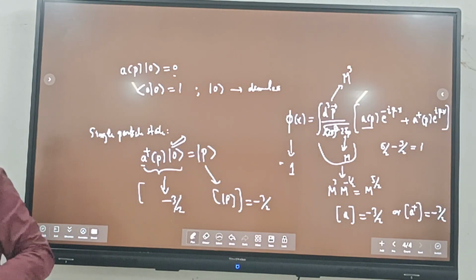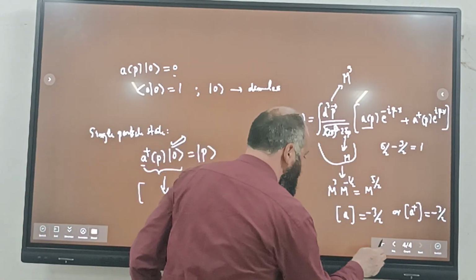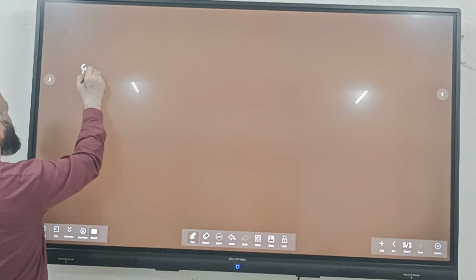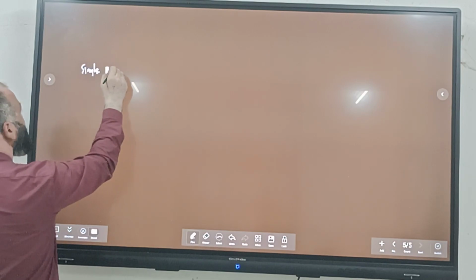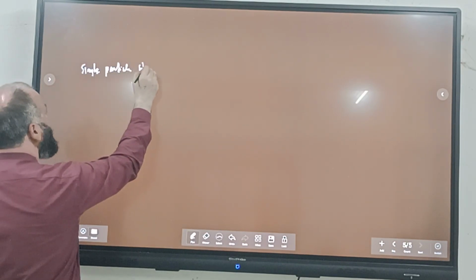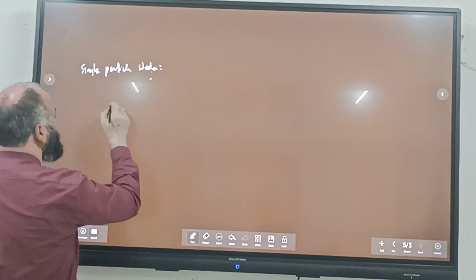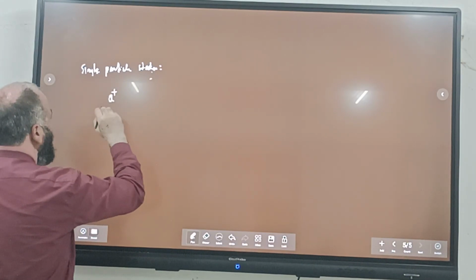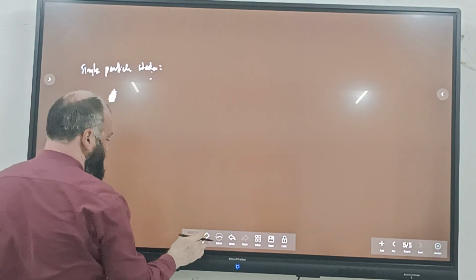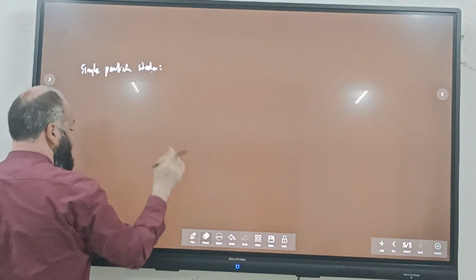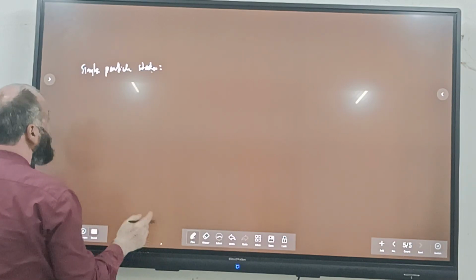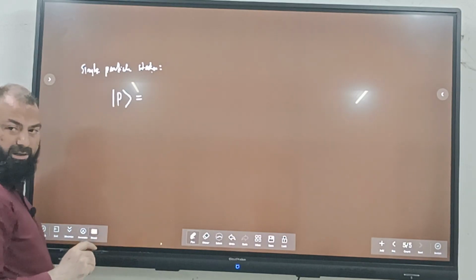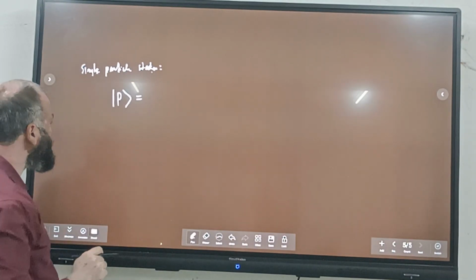So now let me define the single particle states. Let's take the bosonic case.